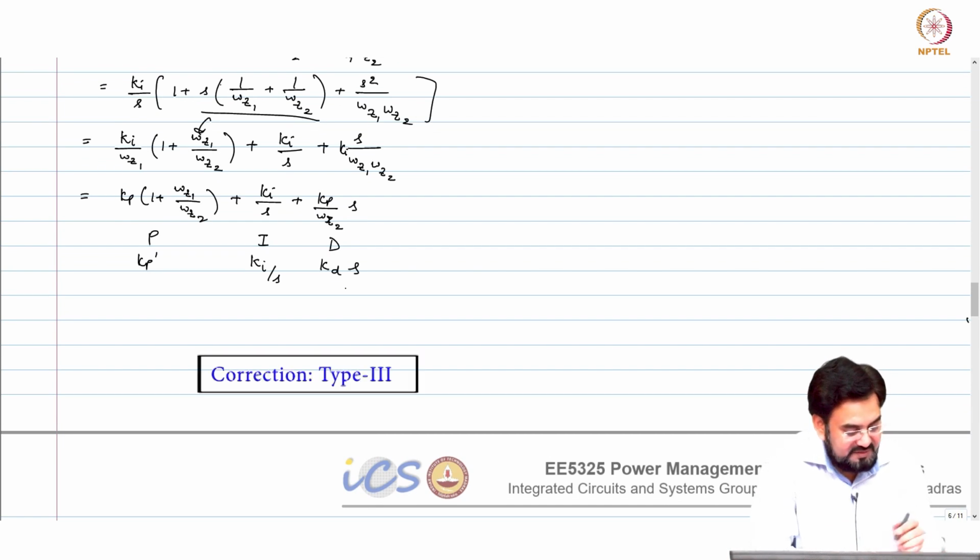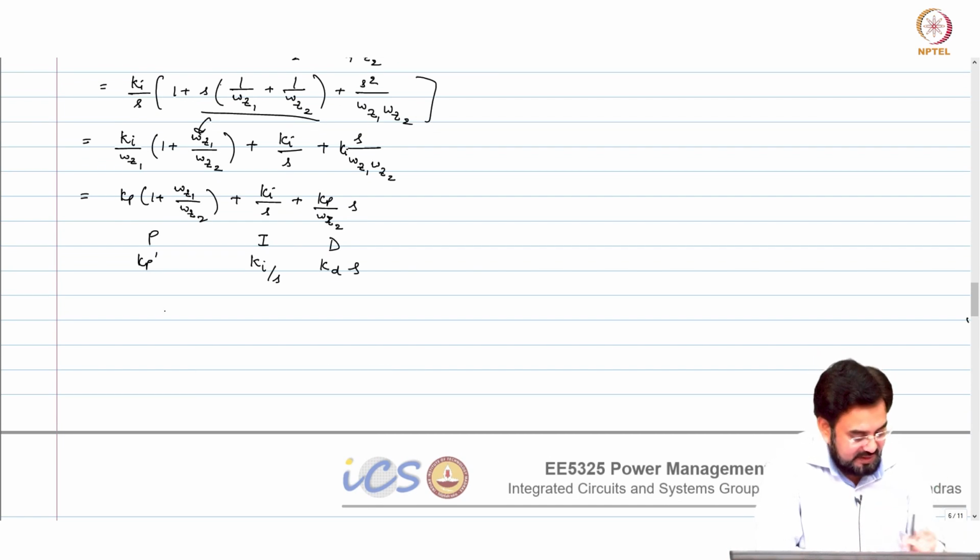So if I want to have the same compensated type 2, I can do this also. I can have Kp dash, or let me draw it as gain.